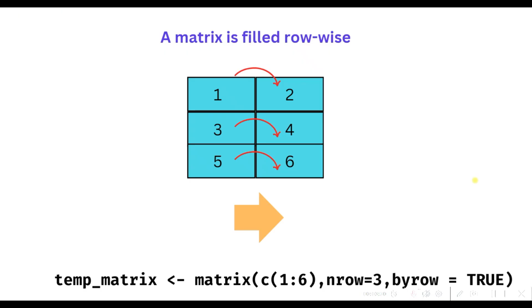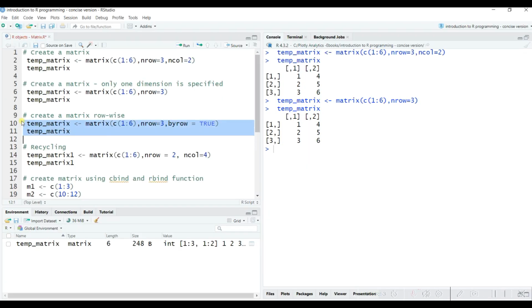We saw that by default matrices are filled column-wise, but if we prefer to construct it row-wise, we can set the byrow equal to TRUE parameter. Now in this example, the matrix is filled row-wise, so we are specifying the parameter byrow equal to TRUE.